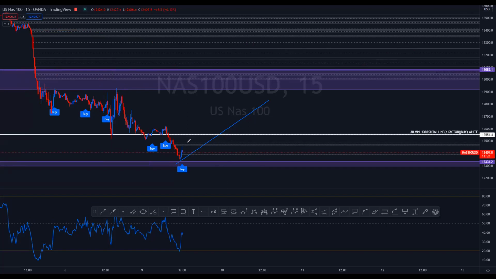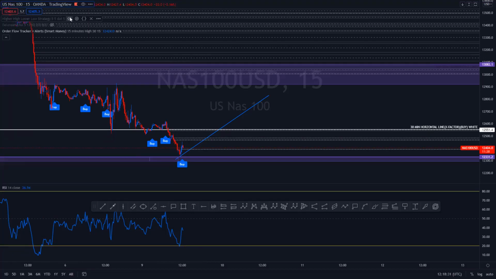Now, of course, I see that there's some imbalances up here. So they may bring price up to mitigate this and then maybe shoot it back down again, possibly. But if price decides to sell back down here, I'm not going to sell because it's not enough momentum for me to get any good profit. Yeah, it's not enough momentum for me to really get anything good.